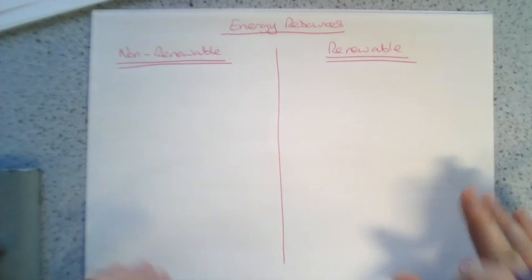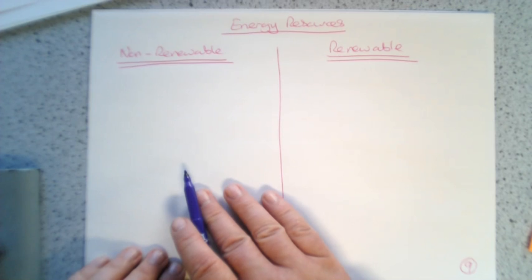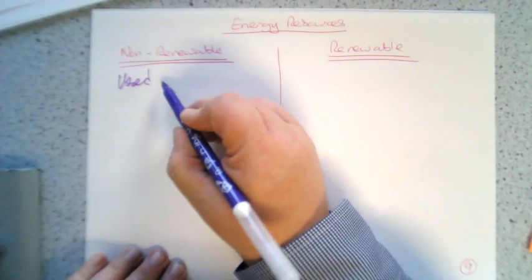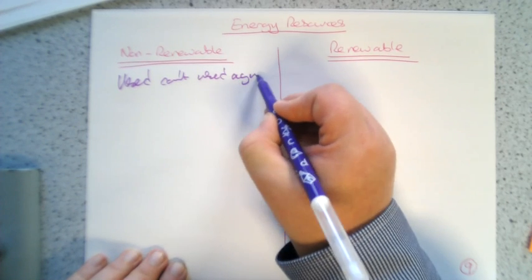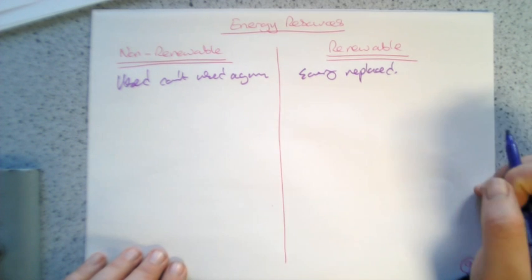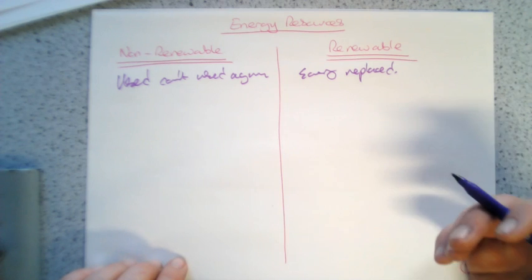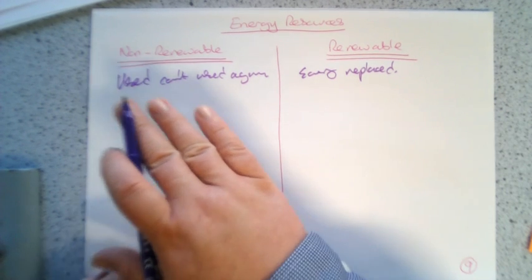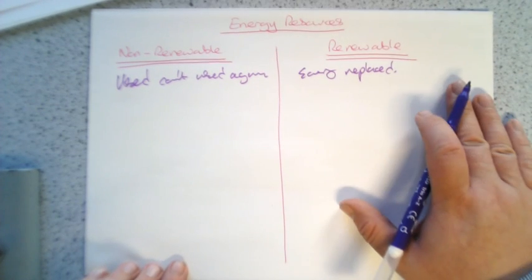Now let's just think about the definition of both those. A non-renewable energy source is something that once it's been used, it can't be used again. Okay, so think about which ways can we actually generate electricity or use energy resources which are non-renewable. Once you've used it, that particular thing, it can't be used again. Which ones actually can be easily replaced?